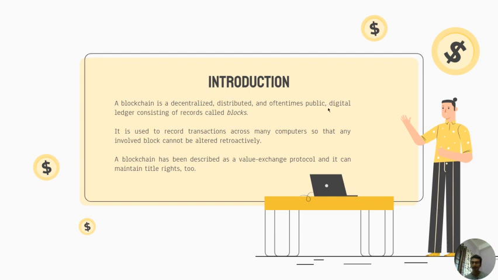Next thing we see out here is public digital ledger consisting of records called blocks. I'll be discussing this in the next slides. Next, it is used to record transactions across many computers so that any involved block cannot be altered. As I said, blockchain is basically a decentralized ledger, which means that suppose 10 computers are connected to the blockchain network, the information in the 10 computers has to be at the same level.